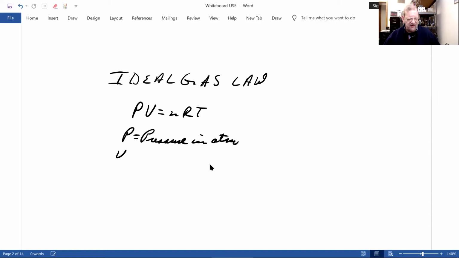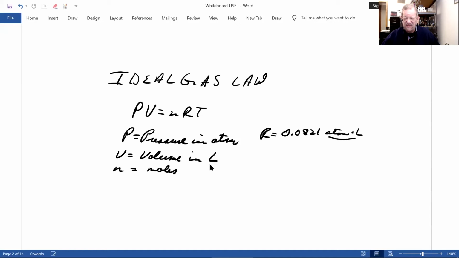V is the volume, and that's in liters. n equals moles. R is the universal gas law constant, meaning it's a number that doesn't change. And here are the units: atmospheres, liters per mole K.